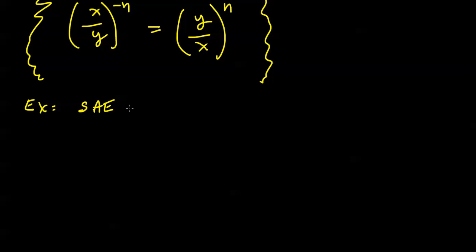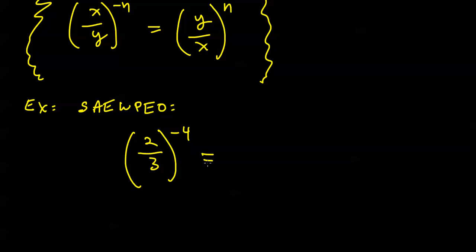Simplify and express with positive exponents only. Let's say I've got a fraction 2/3 to the minus 4 power. Now I could waste a lot of ink here, or I could invoke my rule above and say, well, I could just say this is equivalent to 3/2 to the positive 4th power, and that looks a lot better.